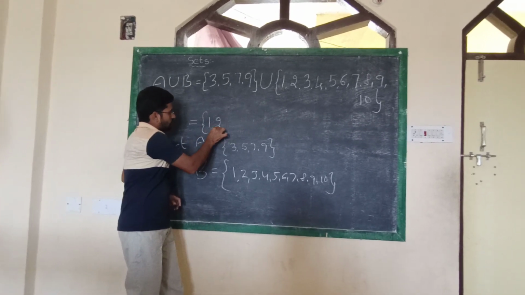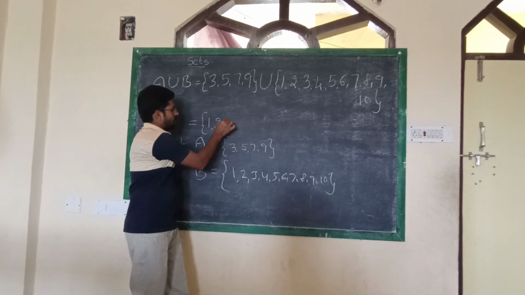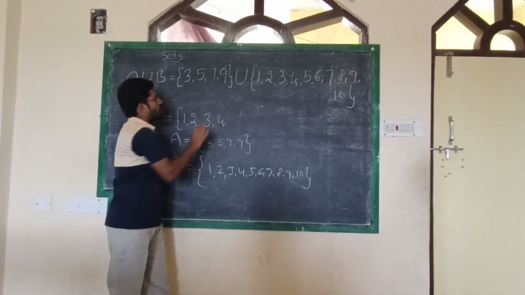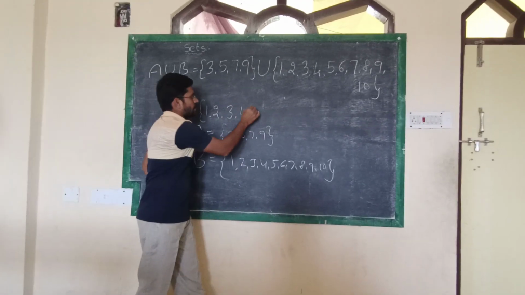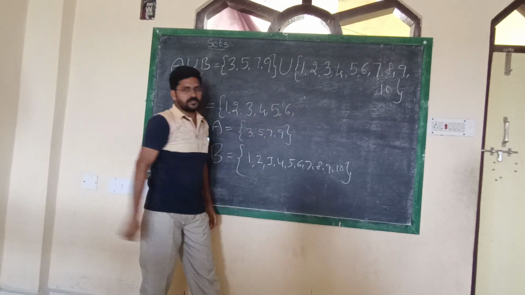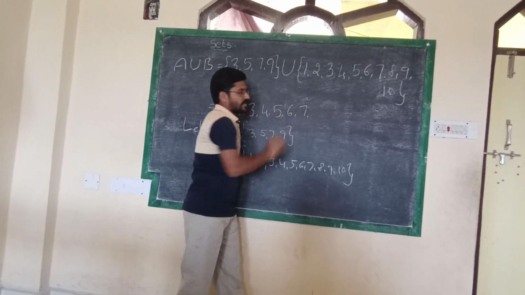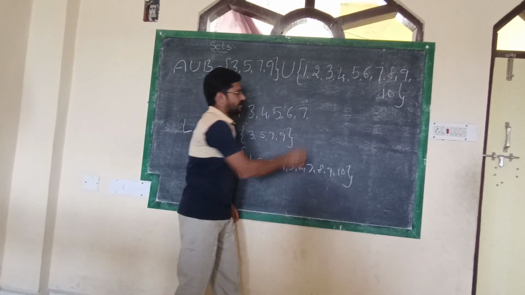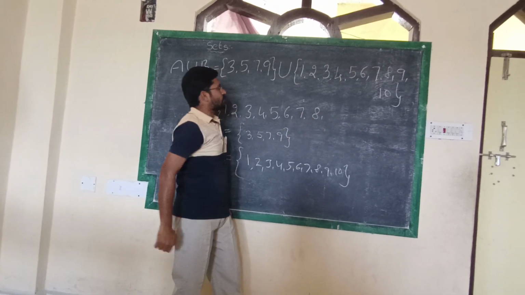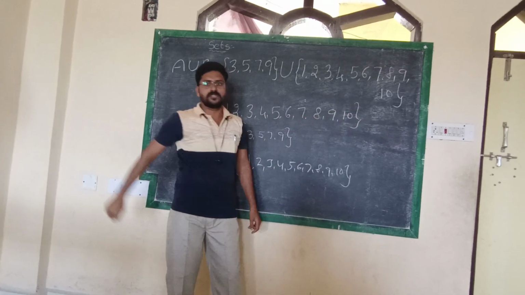Okay, next one is 2. 3 is repeated, take only one time. 3. Next 4. 5 is repeated, take only one time. 6, only once. 7 is repeated, so take only one time. Next one is 8. Next one is 9, it is also repeated, and the last one is 10.